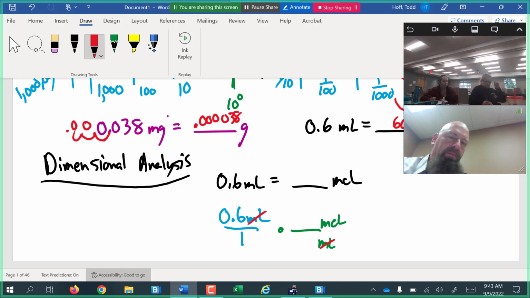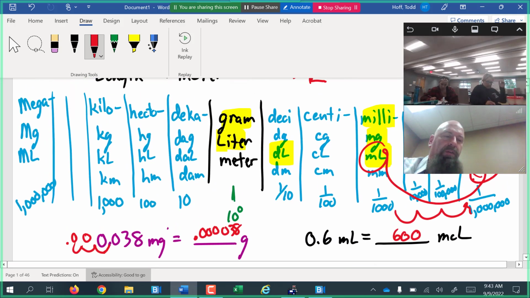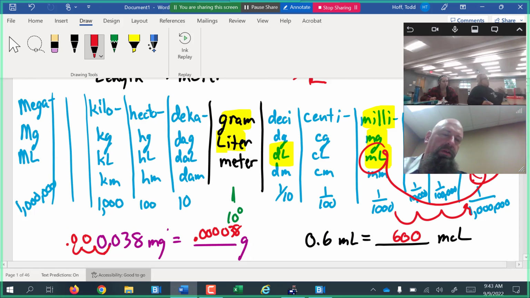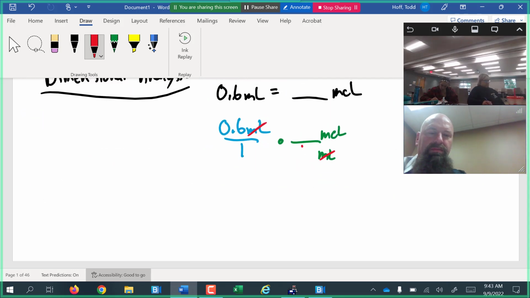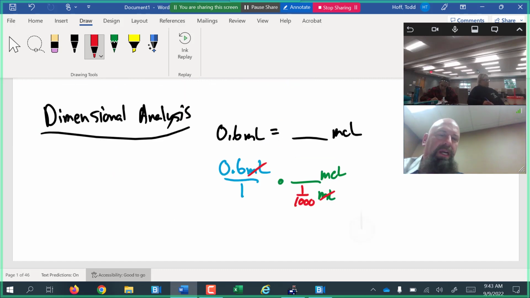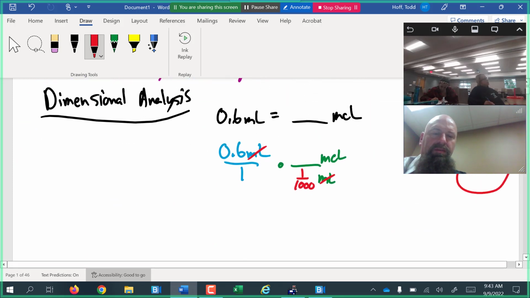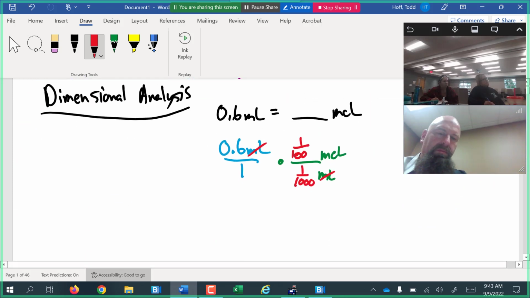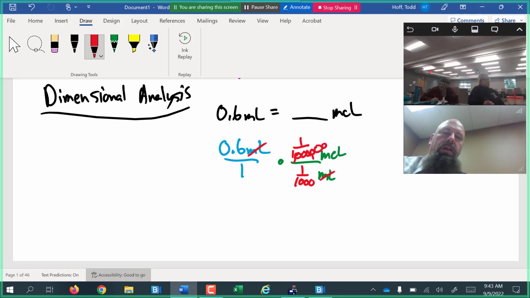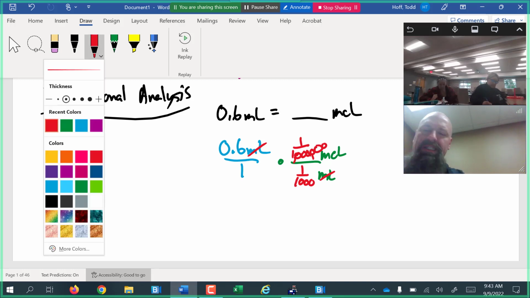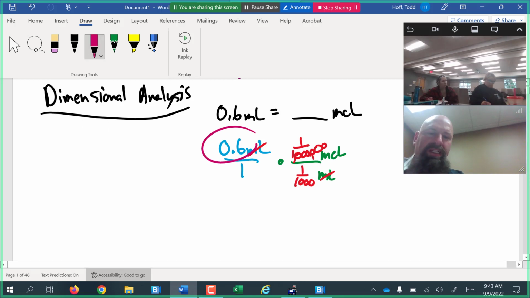The numbers that go in are the numbers that come off the chart, so we do have to at least remember those. A milliliter is 1,000th of a liter. A microliter was 1,000,000th of a liter. And then we make sure we get enough zeros in there. We do that calculation. What this is saying is we're going to take the 0.6 times 1/1,000,000th.